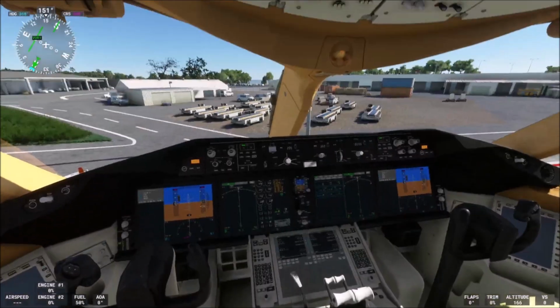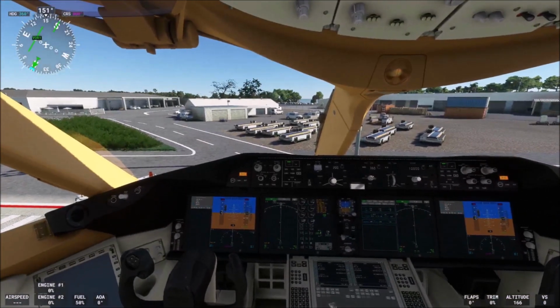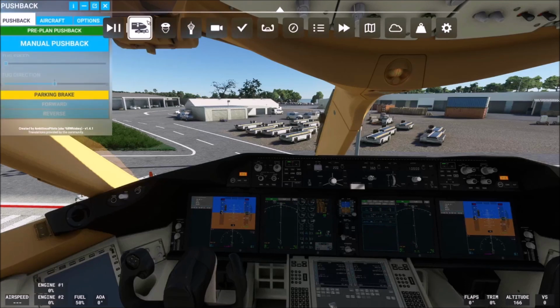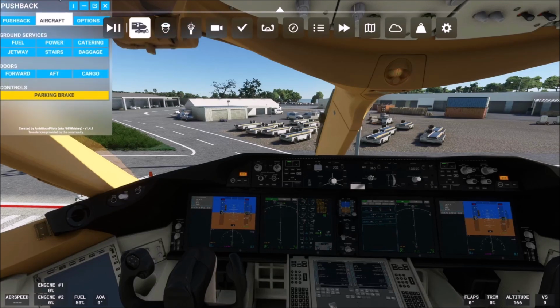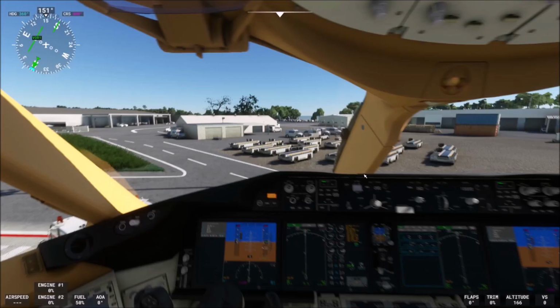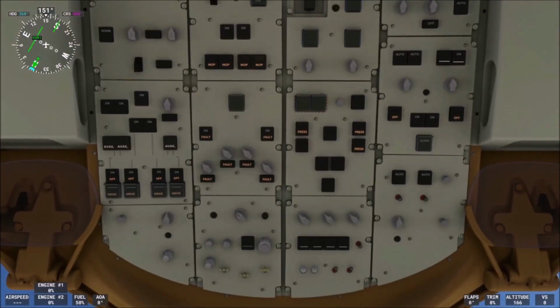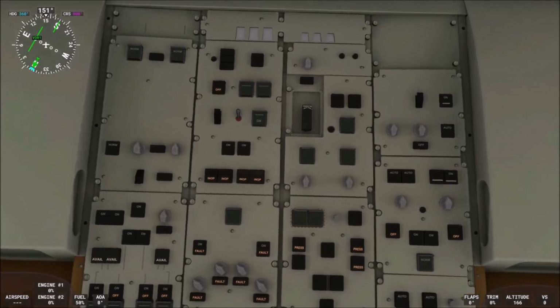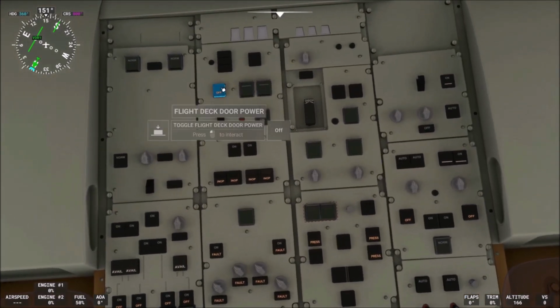We're not talking about the other doors of the plane, these doors here, forward, aft and cargo door. We're talking about the flight deck door, and this power switch must be set to on. This is not to the on position. Here it is, on, okay?